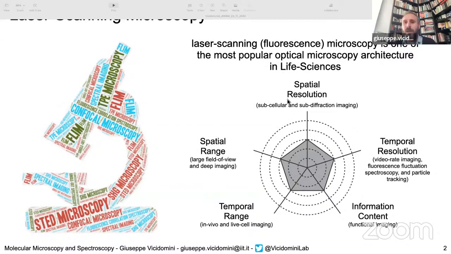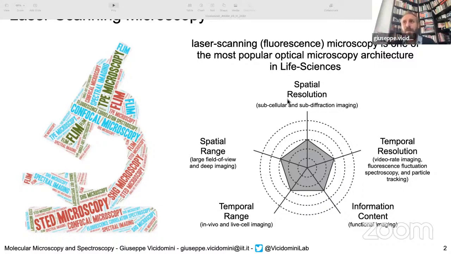Specifically, it gives you typically subcellular resolution, or even, when you combine it with, for example, SPAD microscopy, as shown before, you can also achieve subdiffraction resolution. It gives you exceptional spatial range, so as I told you before, you can image deeper, you can image a very large field of view, and so on.